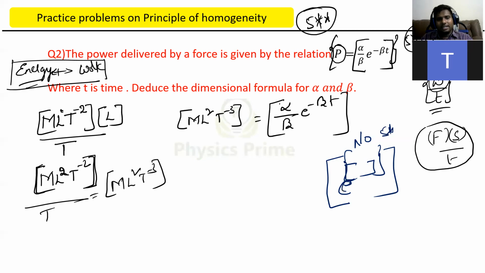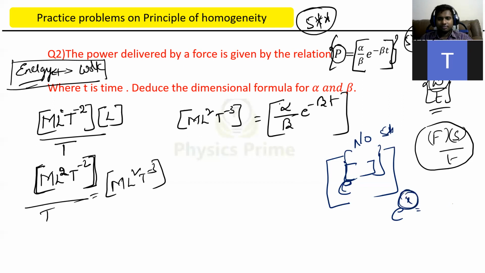As the power doesn't have any dimension, e also doesn't have any dimension. E power something will be a numerical value, not a physical quantity like velocity or time, and a numerical value doesn't have dimensions. So e power something will not have any dimensions, and that means this power also will not have any dimensions.